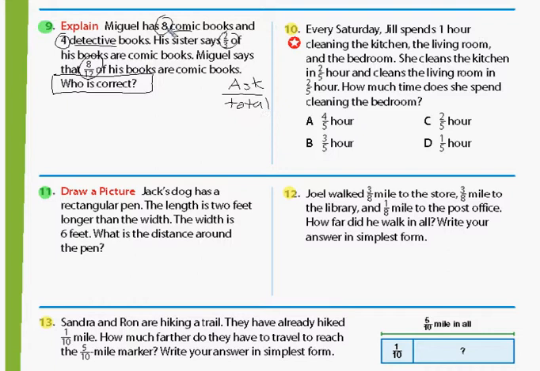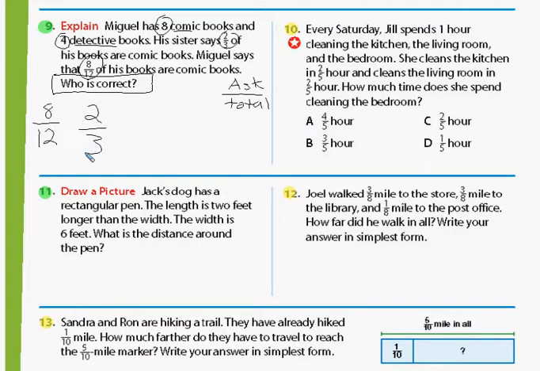We're asking about comic books, so that's our numerator, 8, and the total amount of books would be his comics plus his detective books, and 8 plus 4 is 12. So it does look like Miguel is definitely correct, but his sister says he had 2/3 of his books are comic books. So let's compare and see if those fractions are equivalent fractions. They both may be correct.